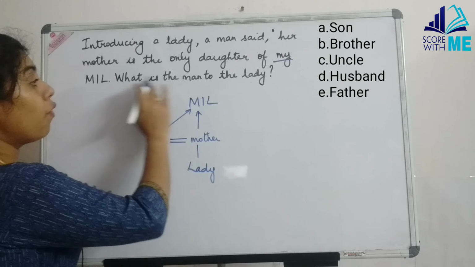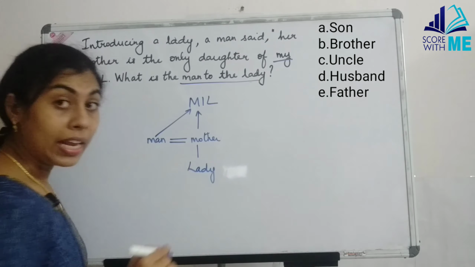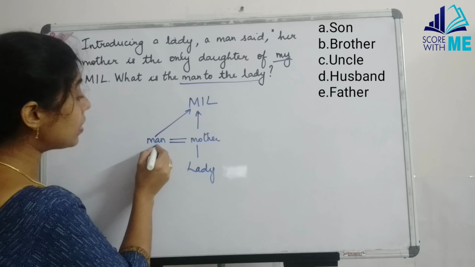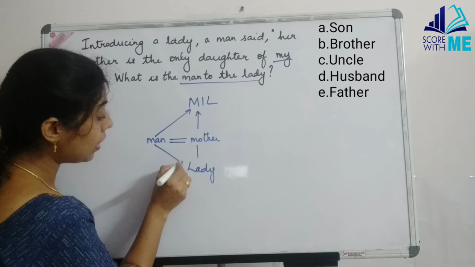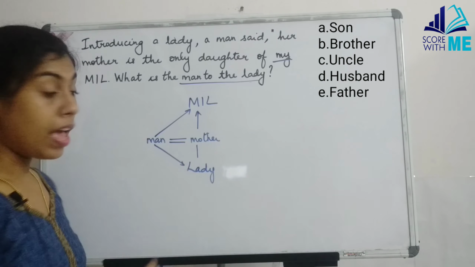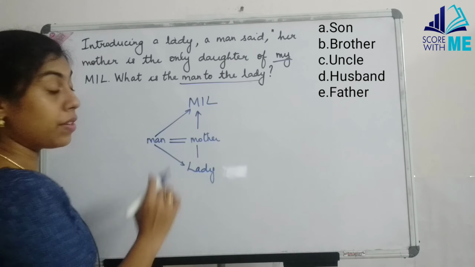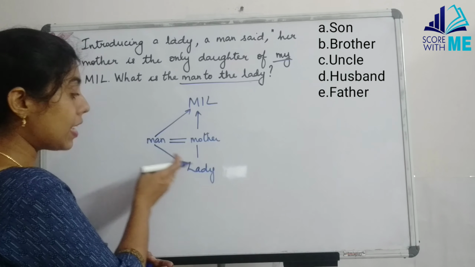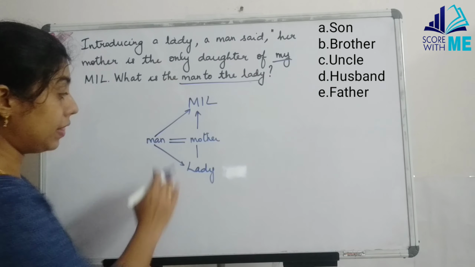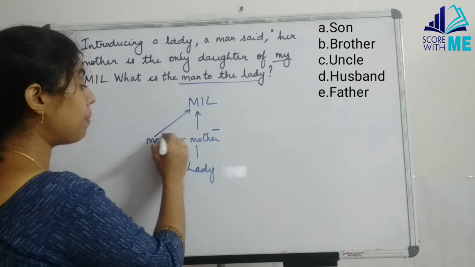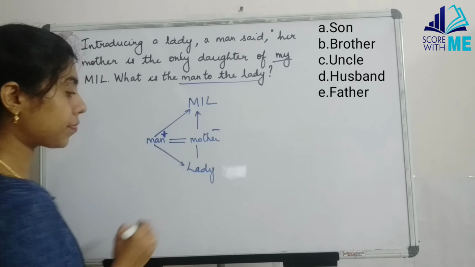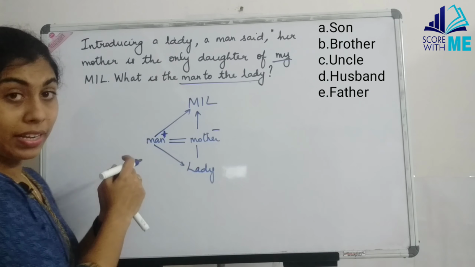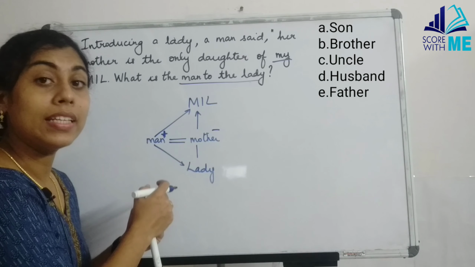Our question is, what is the man to the lady? That simply means, how is the man related to this lady? If they are husband and wife and this lady's mother is this mother, then this lady's father will be this man and these two will be husband and wife. So the lady's father is this man, the man's daughter is this lady.